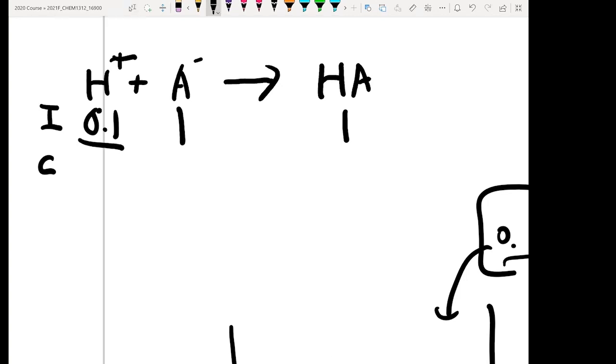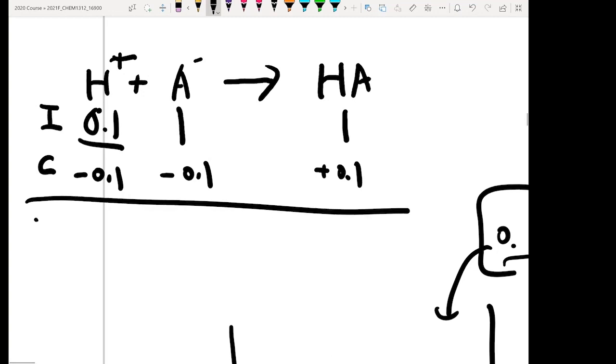So H plus will be fully consumed. Therefore, you have minus 0.1 for your H plus, minus 0.1 for your A minus, and plus 0.1 for your HA. Once you reach equilibrium, you don't have H plus existing now, it becomes 0, right? A minus becomes 0.9. HA becomes 1.1.